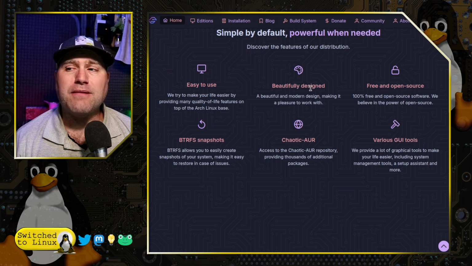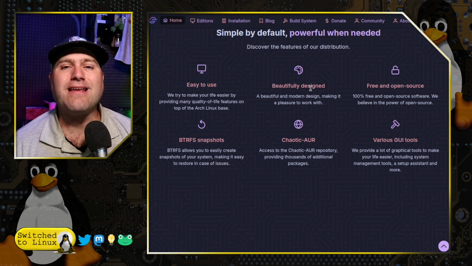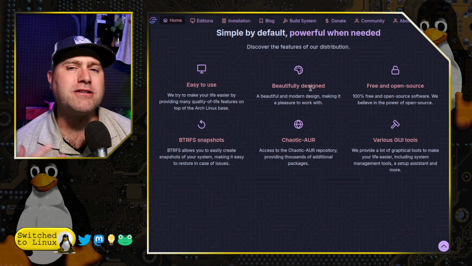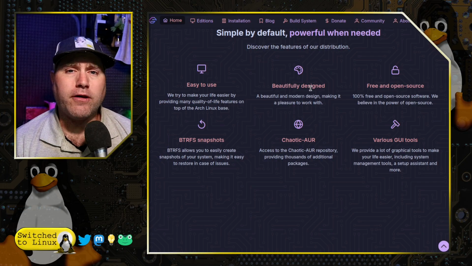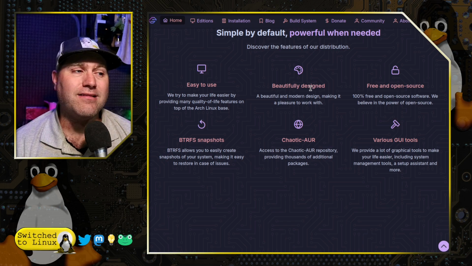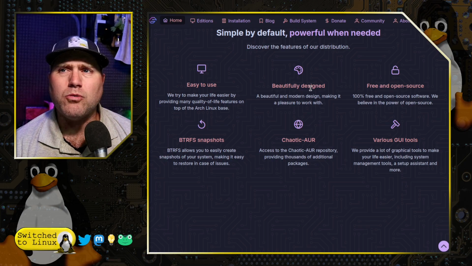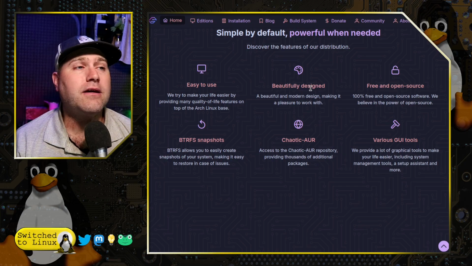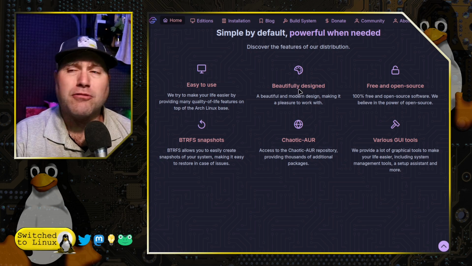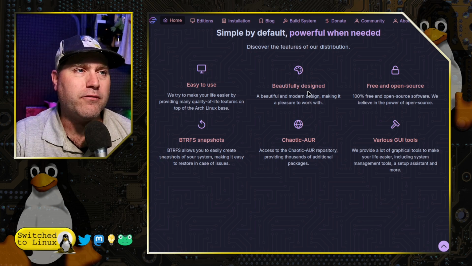Now, that is a great option, and many people really like that, but there's also a lot of people, particularly new users, who don't want to get into the minutia of figuring out how to make the colors look nice and the icons look nice. That's where something like Garuda comes in. It has this beautiful aesthetic to it that you will either love or you will hate. I personally like it. It's a very nice, beautiful design.